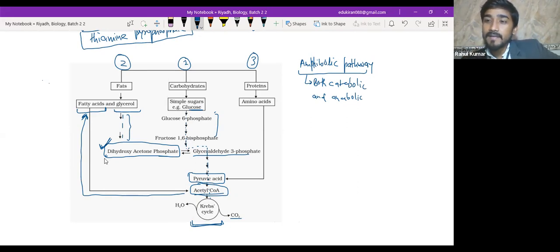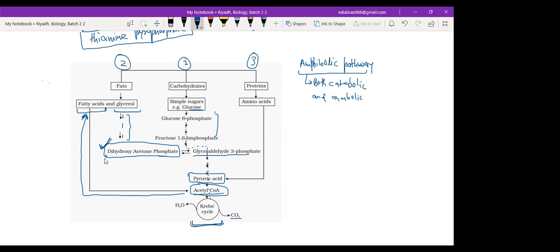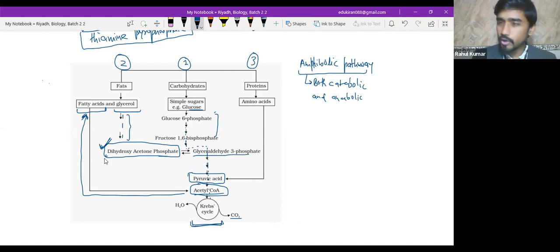Similarly, when you have to make proteins, you can take extra pyruvic acid from your respiratory pathway and give it to the formation of amino acids. Is it clear? So can you now appreciate that the respiratory pathway is not only about catabolizing and breaking down things, it can also contribute to making up things, which is anabolic in nature, called anabolism.